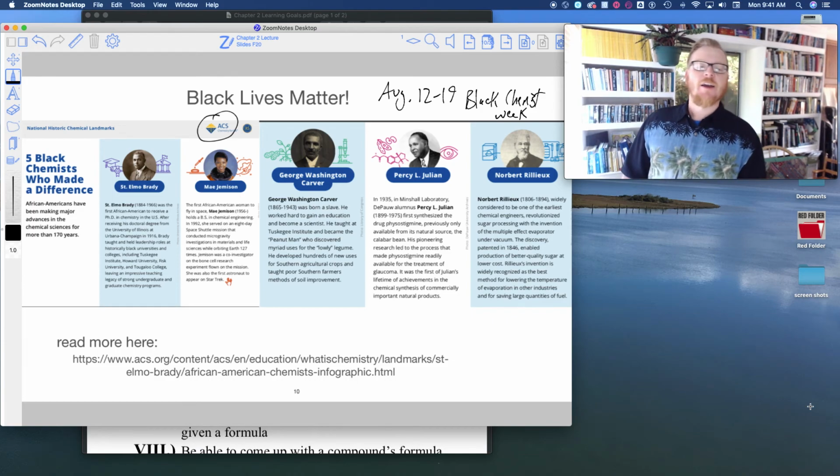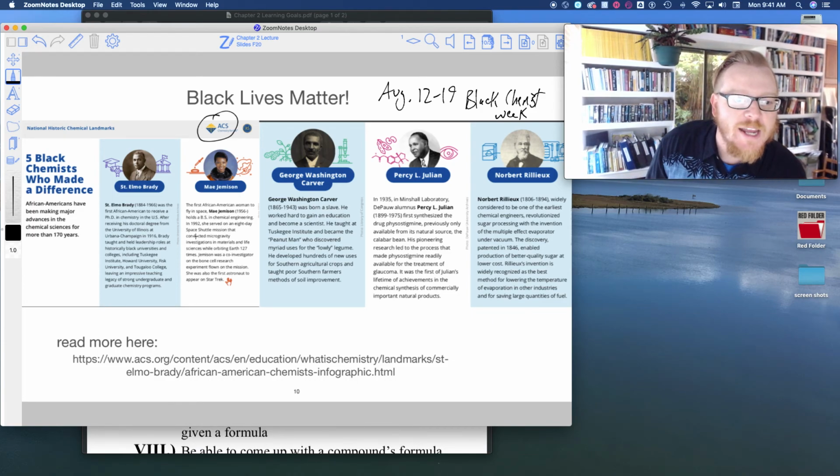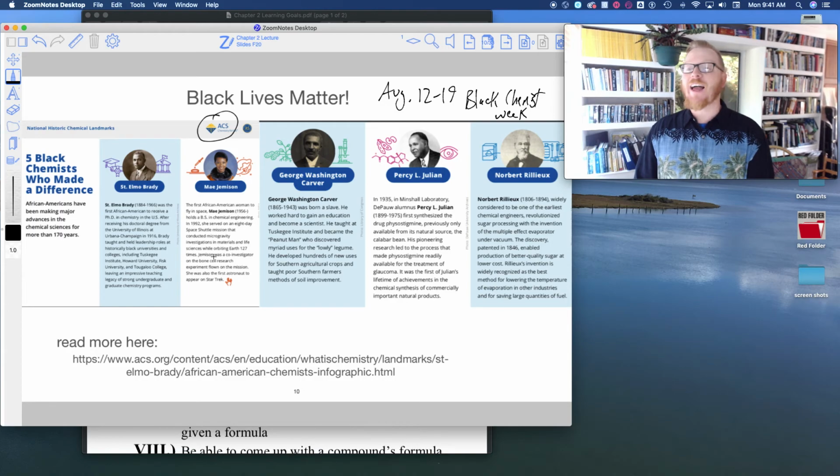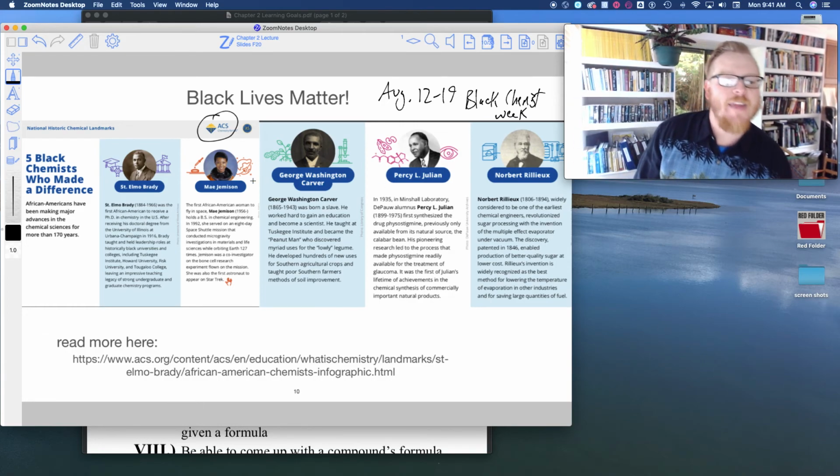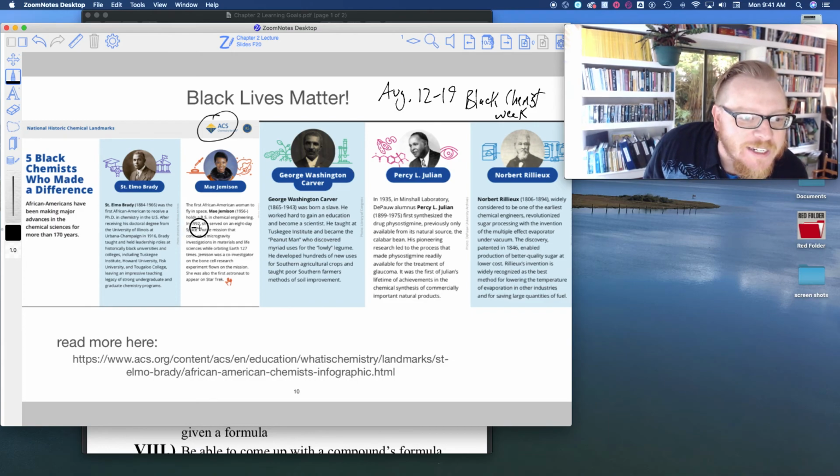So just to highlight a few of these folks, Mae Jemison, first African-American woman to fly in space. And she has a BS in chemical engineering. That's amazing. It's already difficult enough to get a degree in chemical engineering. And then she went and became an astronaut. That happened in 1992.